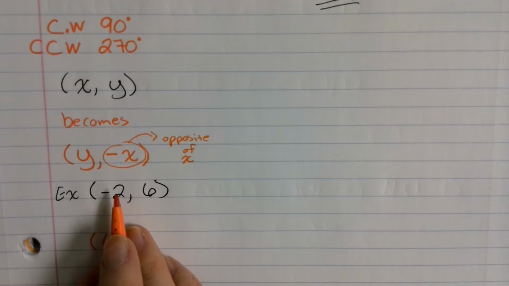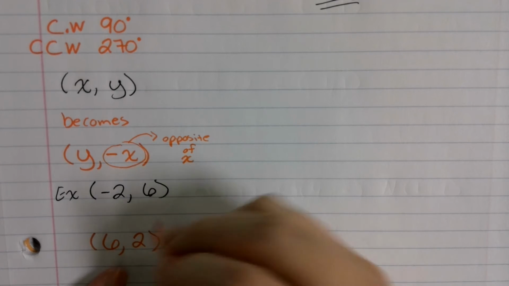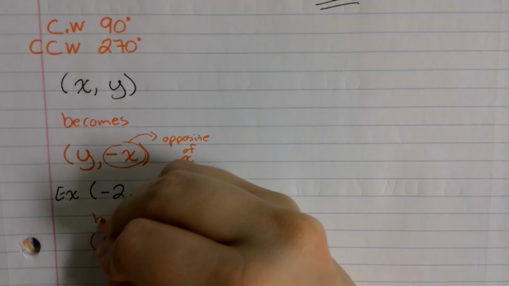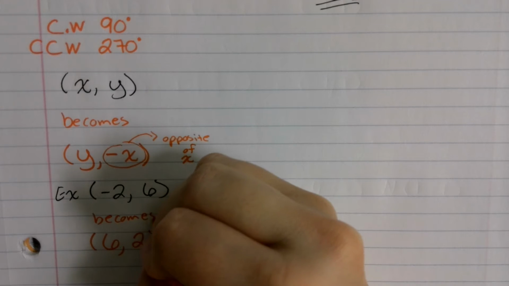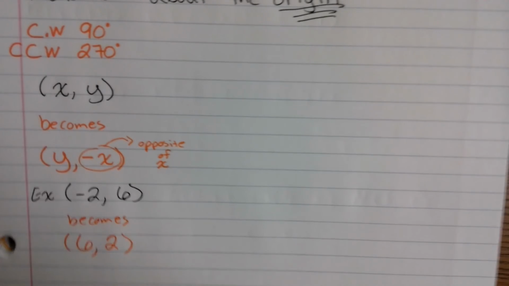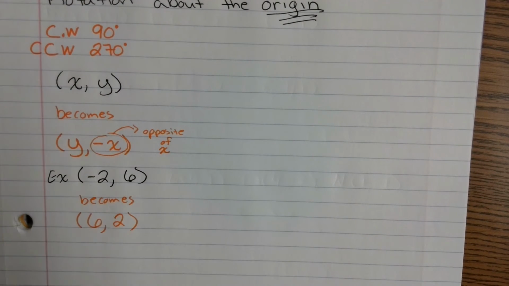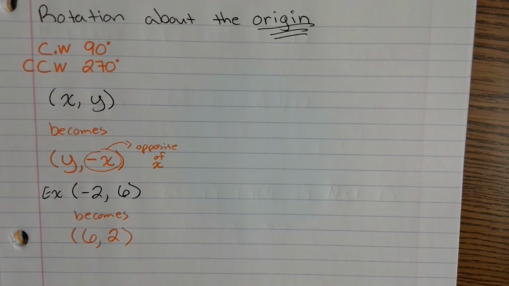And then instead of a -2, it's going to become a +2 because I'm taking the opposite of whatever the x was. So this is what it becomes. That's the rule if you're rotating about the origin clockwise 90 degrees or counterclockwise 270.